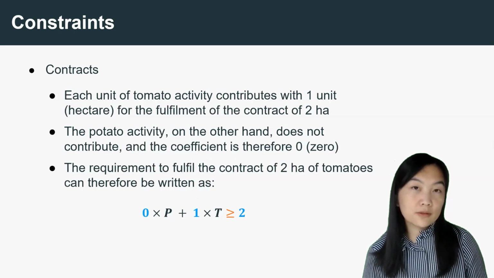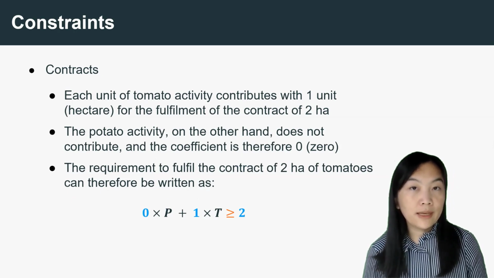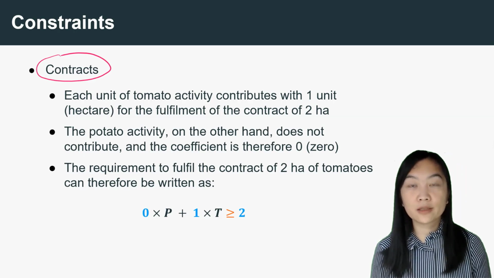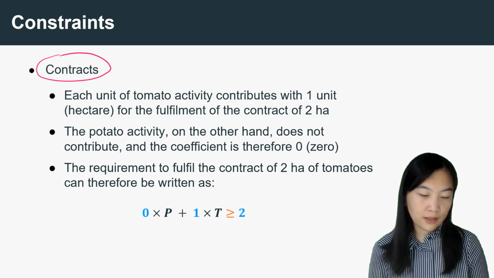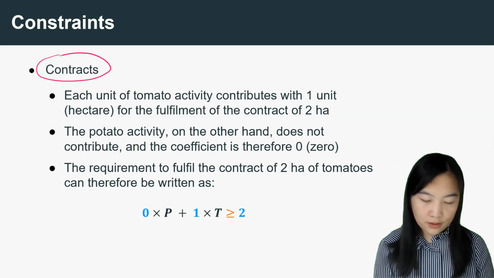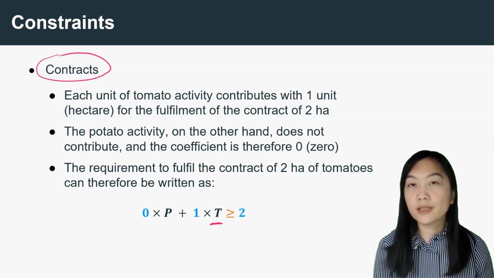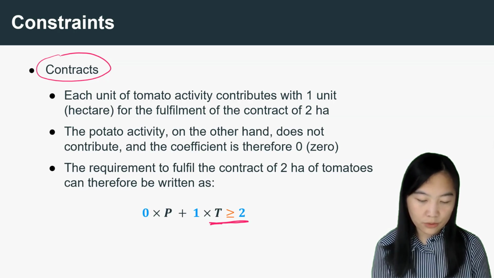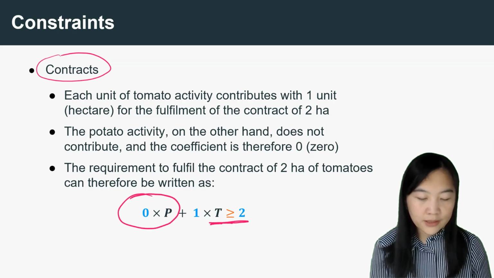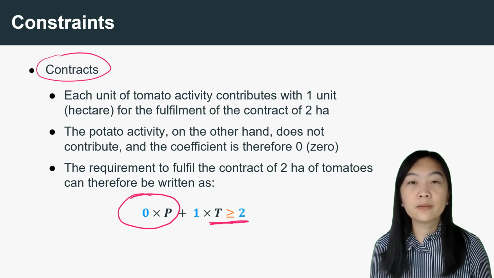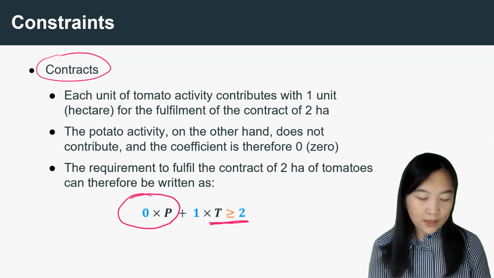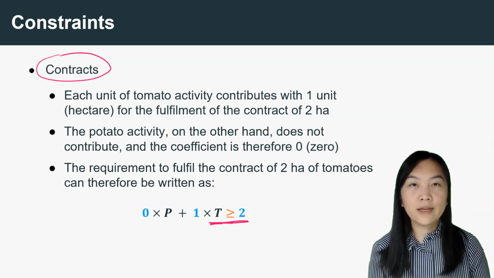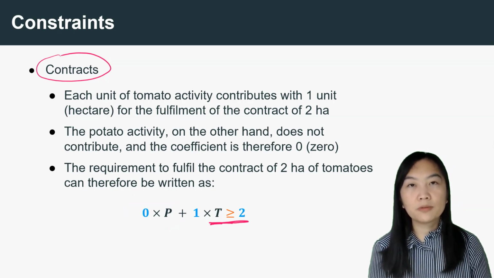The second constraint here is also easy. It is the contract, and at least 2 hectares of tomato need to be produced. So this T, which is the hectares of tomato, has to be greater than or equal to 2. I put another thing here, which is 0 times P. I put this information here for later, when you have all the constraints put together.